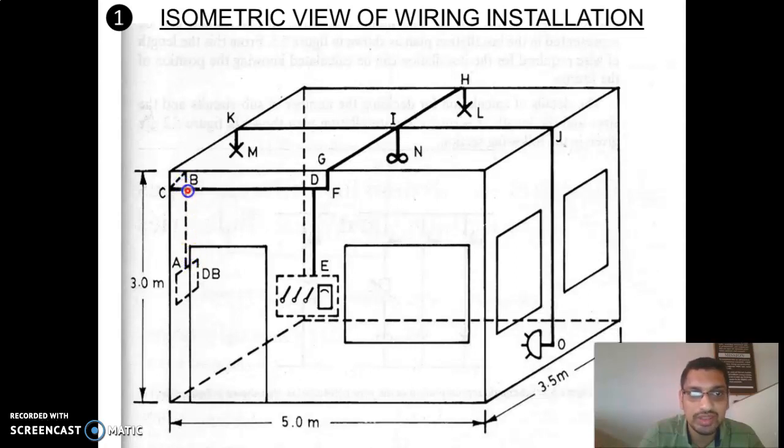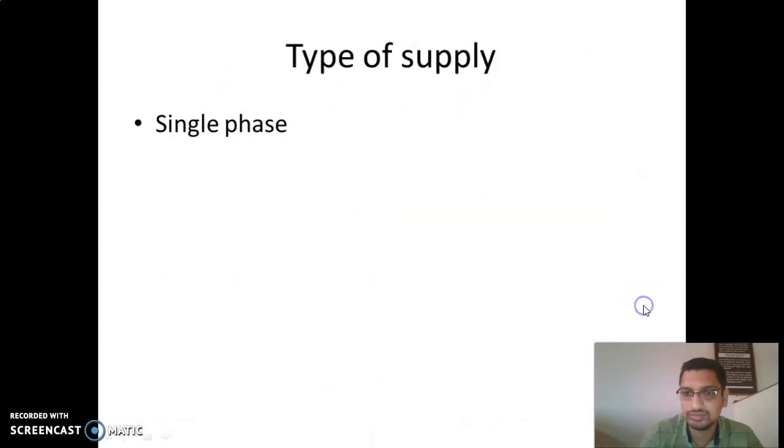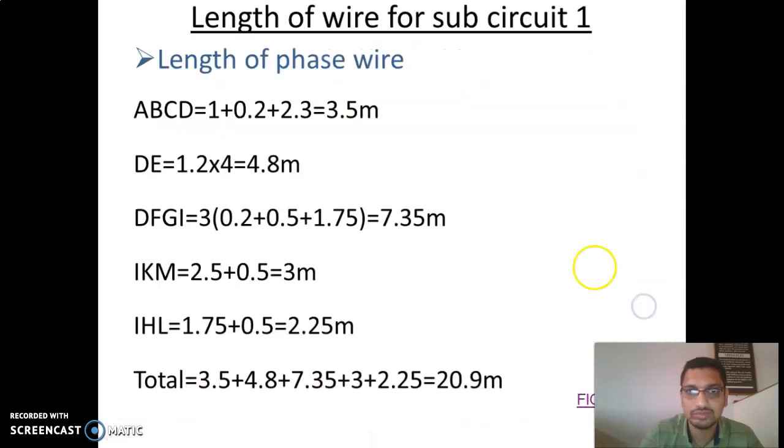So length of AB is equal to 2.5 minus 1.5, that is 1 meter.